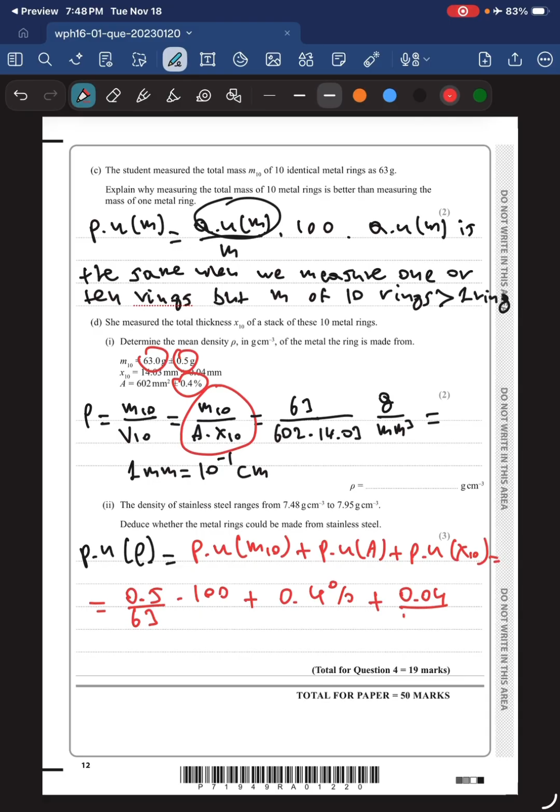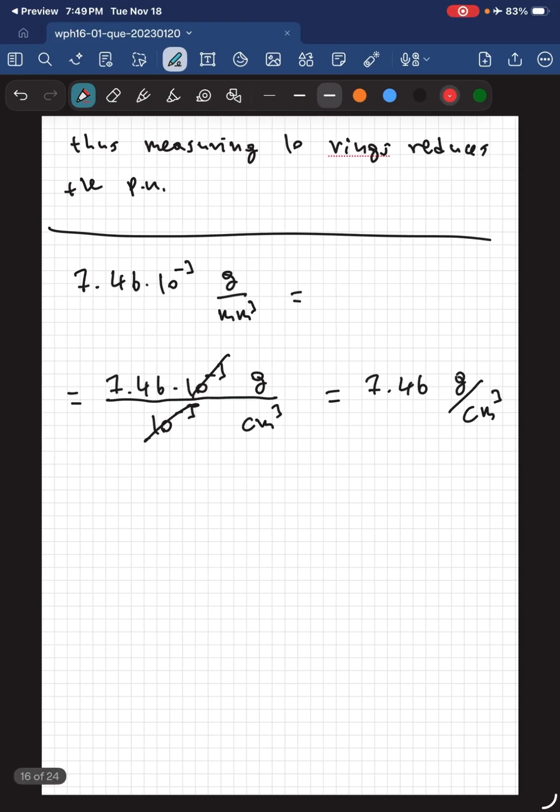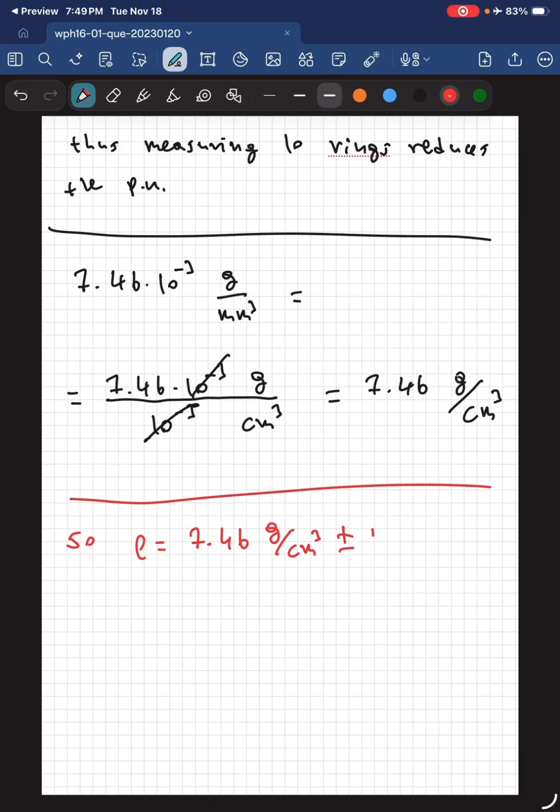0.04 over 1403 times 100, and this eventually yields 1.48%, which is about 1.5%. Okay, so rho that we calculated is 7.46 grams per cubic centimeters, plus or minus, let's use 1.5%.